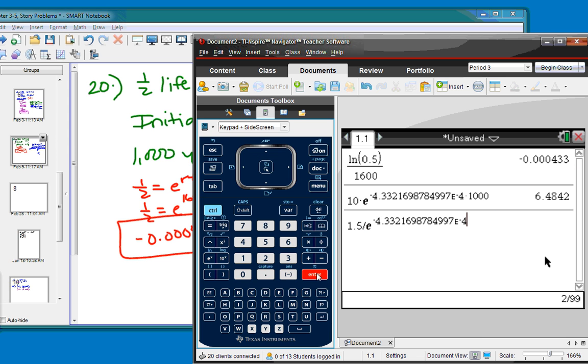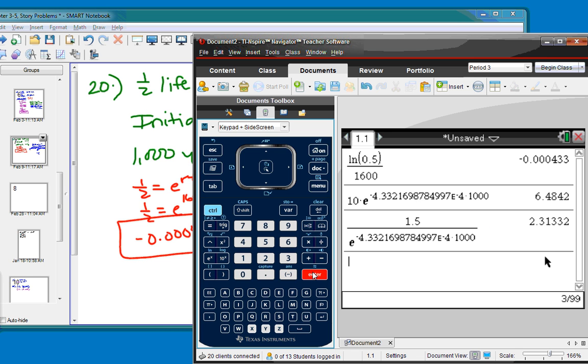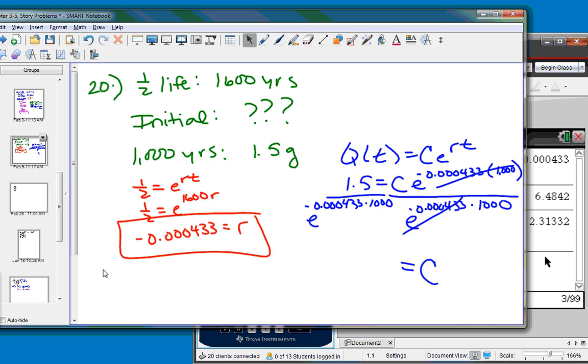I'm going to grab it, times 1,000, and hit enter. Now, when you hit enter, you want to make sure that you have entered in your equation correctly. Make sure that's what you wanted on your paper. And what is my initial amount? 2.31. 2.31 is my initial amount that I started with of my isotope.